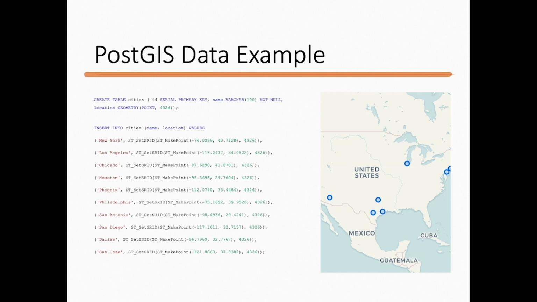You create a box and then ask PostGIS, is this point or this city in that box or not? That is the purpose. You have created a polygon from this to this to this to this, and then you query PostGIS, is this city in that polygon or not? So it will tell you yes, it is, or no.